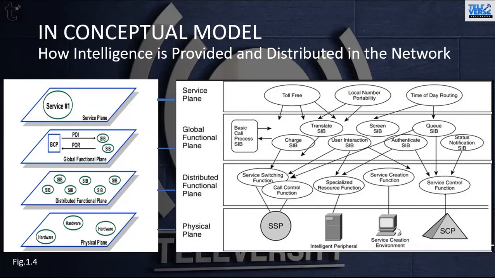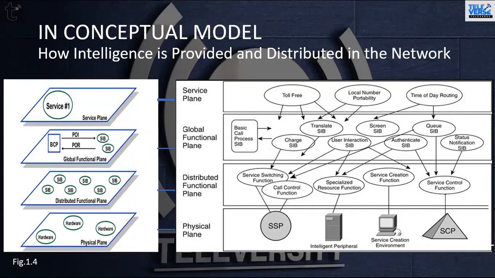So you will see that the specialized resource function has the user interaction program, or the user interaction SIB. What does that mean? User interaction. If you relate it from the global functional plane all the way to the physical node itself, the IP is what plays announcements for the customer, IN announcements.